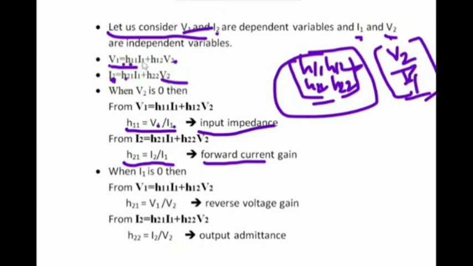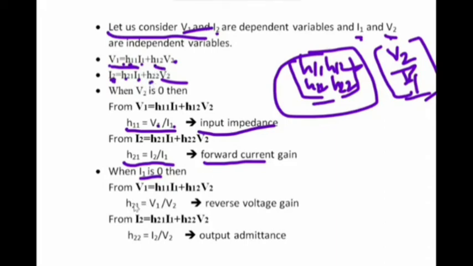Now by making the input open circuited, that is making I1 as 0, we can find the other values, that are H12 and H22.